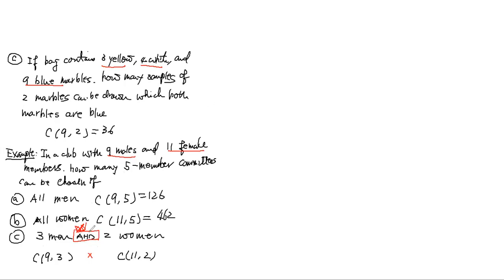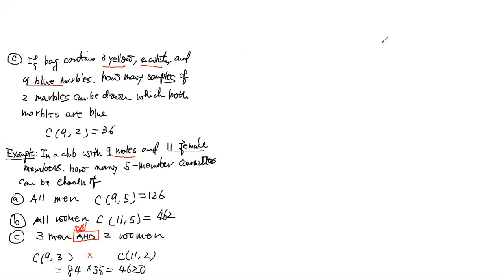That's why we said "or" is addition and "and" is multiplication. So this will be equal to 9 take 3, which is 84, times 55, so you will have 4620 here. It's very important. Here they want to show you "and": when you do "and," you need to do the multiplication.